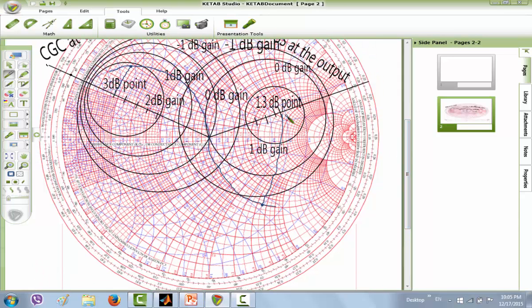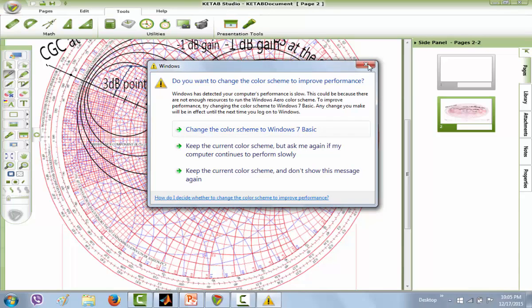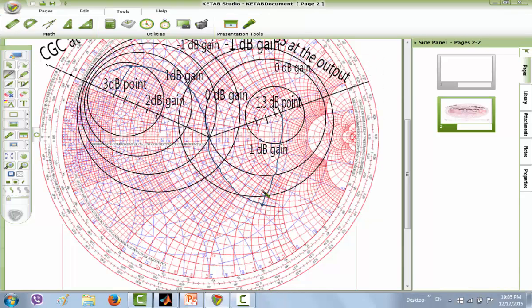Moving from this point on the constant conductive circle clockwise, we're adding a parallel capacitor. And from the intersection point to the origin, we're moving on a constant resistive circle, also clockwise, so we are adding a series inductor.